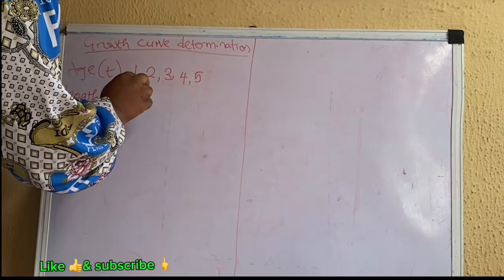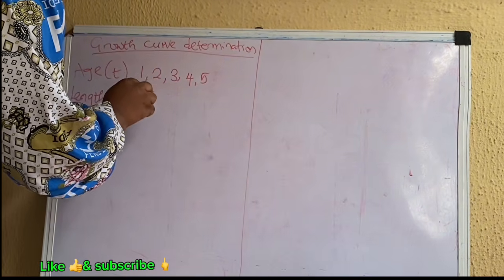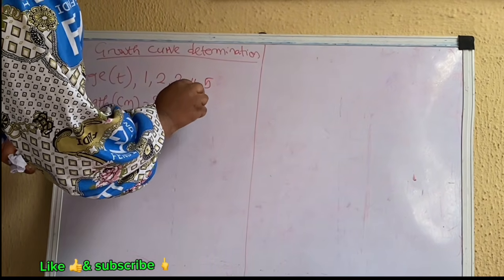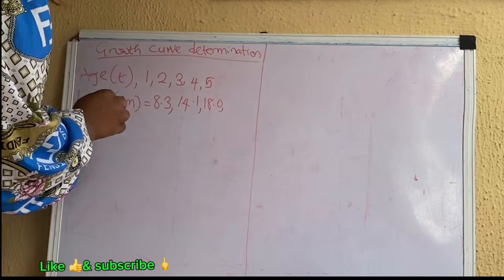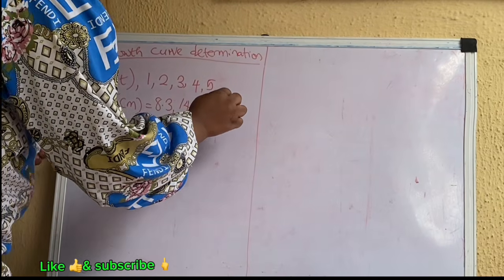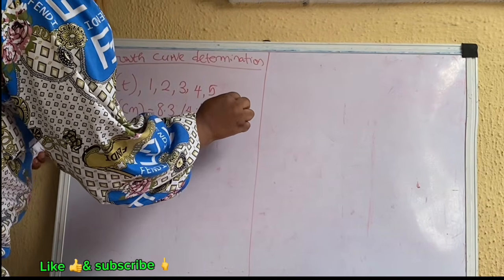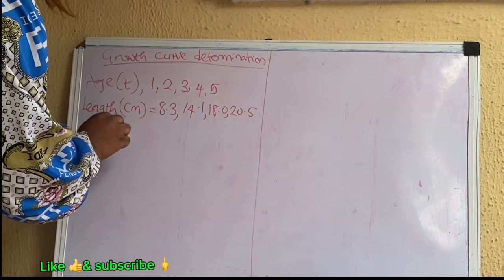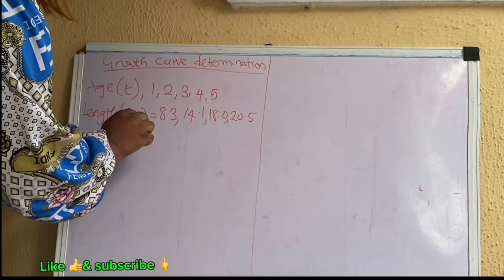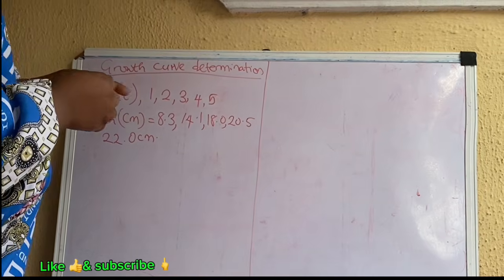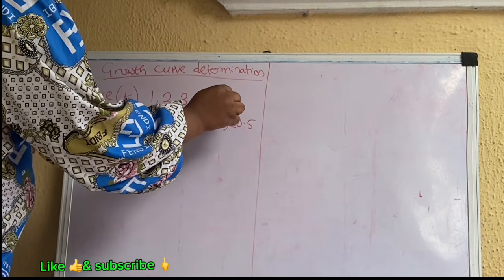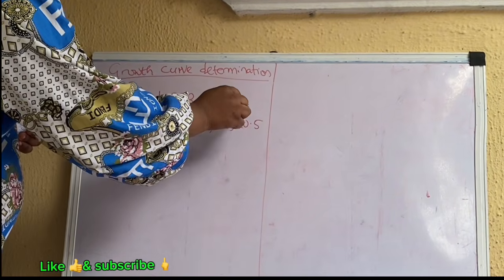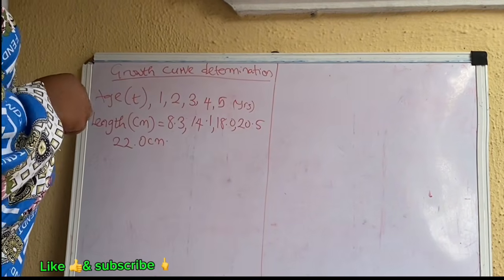You have 8.3, 14.1, 18.0, 20.5, and 22.0 centimeter. These are all in centimeter. They are the years of existence of that particular fish or sample data.